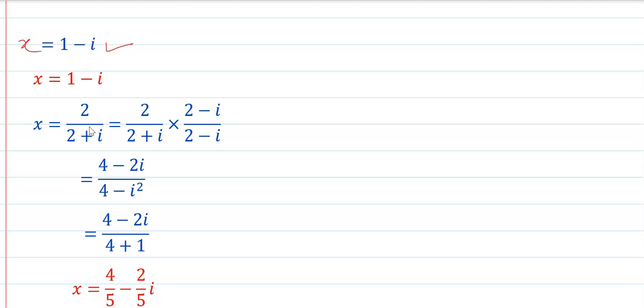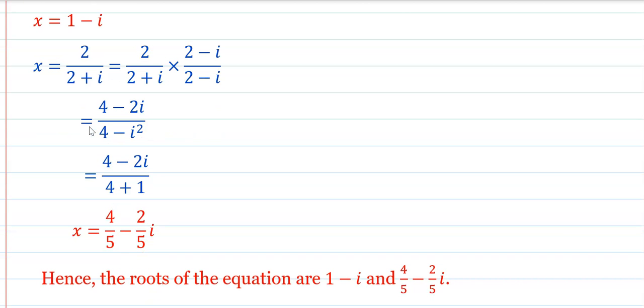And that minus and minus will become plus. 4 plus 1, 5. Therefore, split up this 4 by 5 minus 2 by 5 into i. या प्रकारे. Okay. इथे कॉन्जुगेटने मल्टिप्लाय करणार. You will get this. And here the value of x is 4 by 5 minus 2 by 5i. And these are the roots of the given equation.